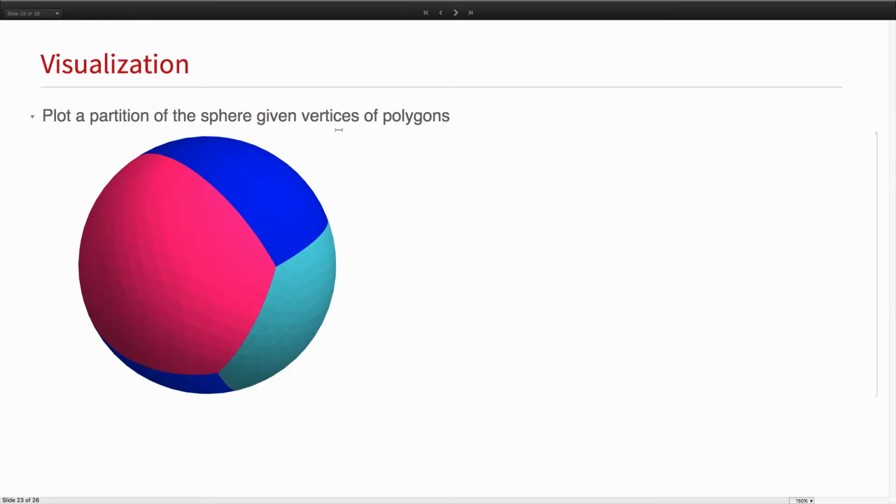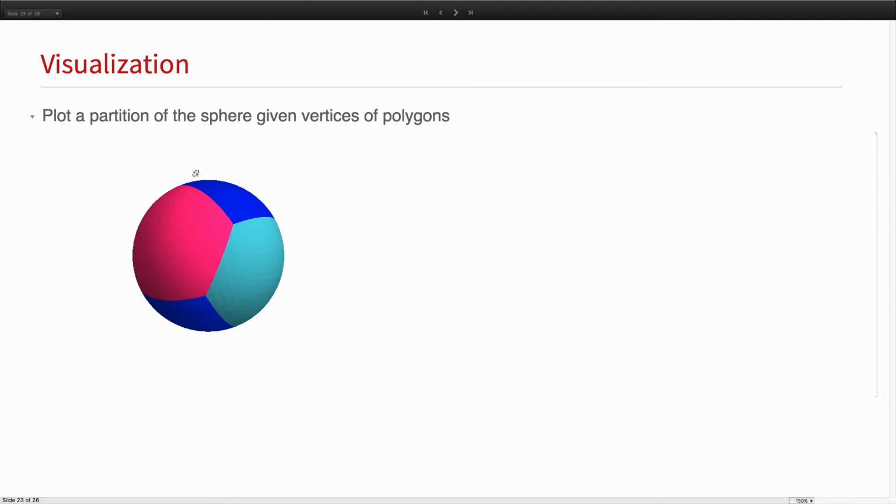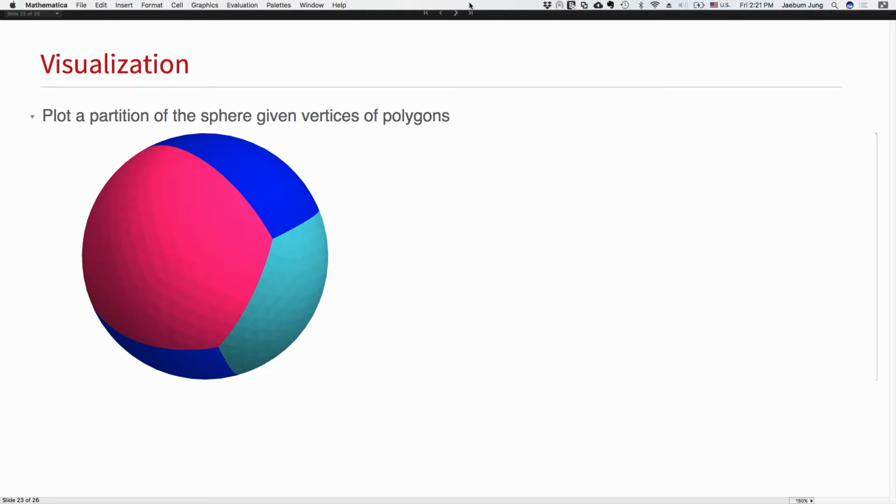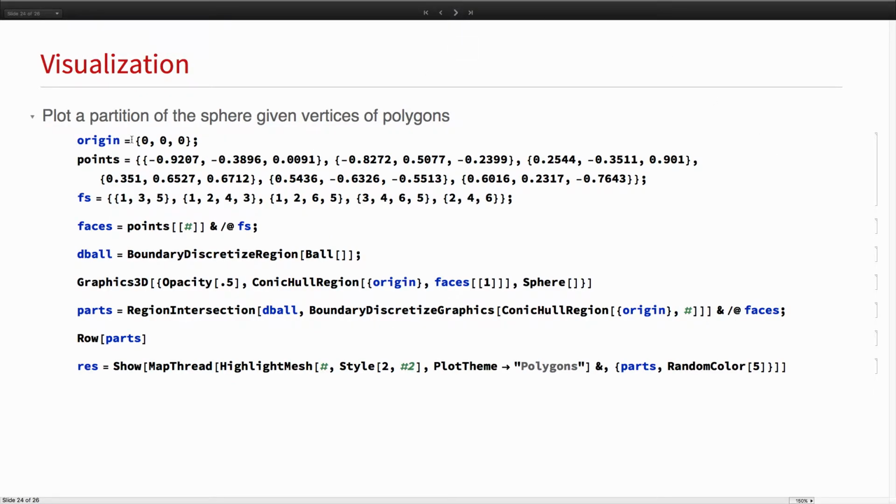And the next one, the last one, is a partition of a sphere. So this is the result you want. The question was, we are given an origin and radius, I mean just a ball, and we have points and some faces dividing the sphere or ball.